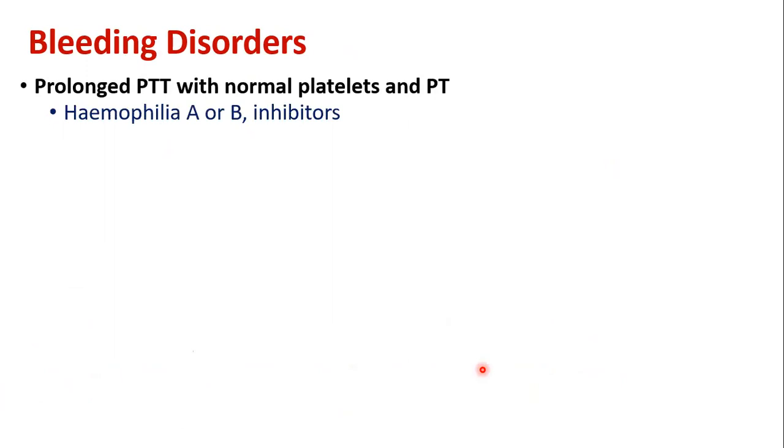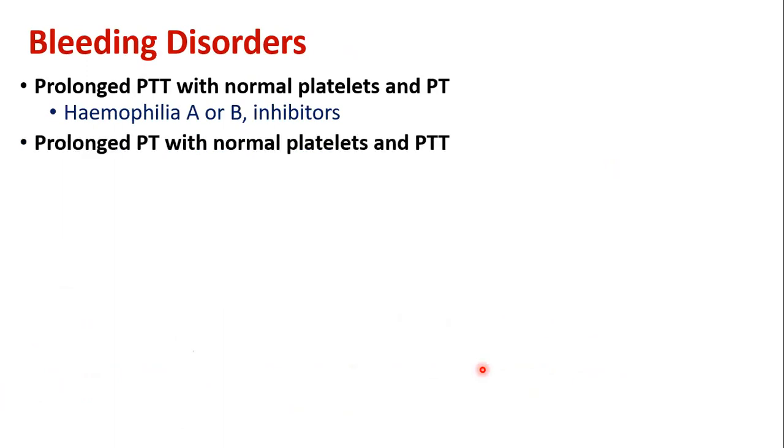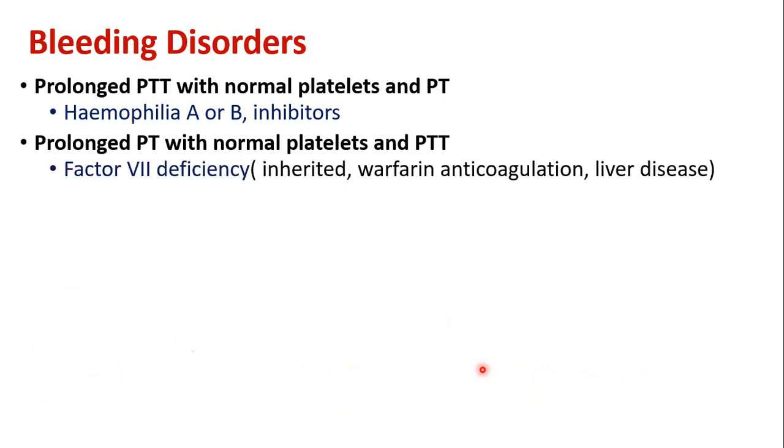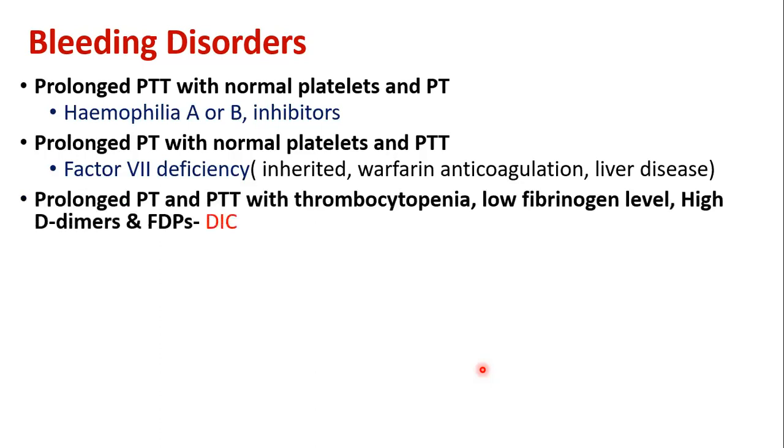To summarize bleeding disorders: if you see a prolonged partial thromboplastin time with normal platelets and PT, it's hemophilia A or B. Prolonged prothrombin time with normal platelets and APTT is factor 7 deficiency, not so common.